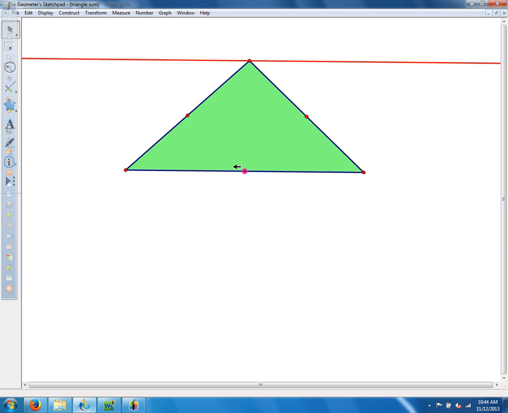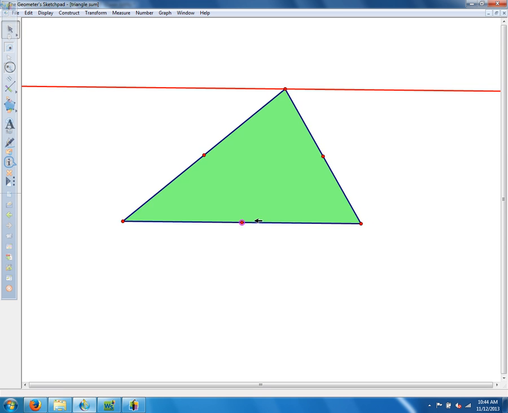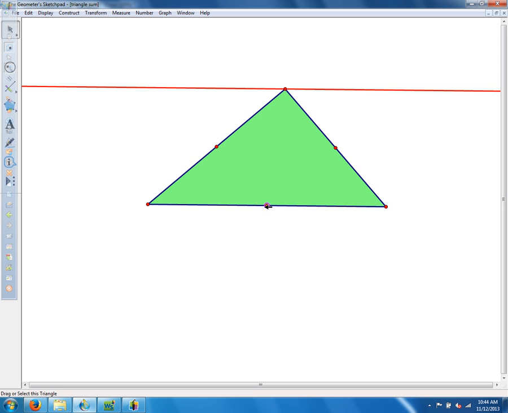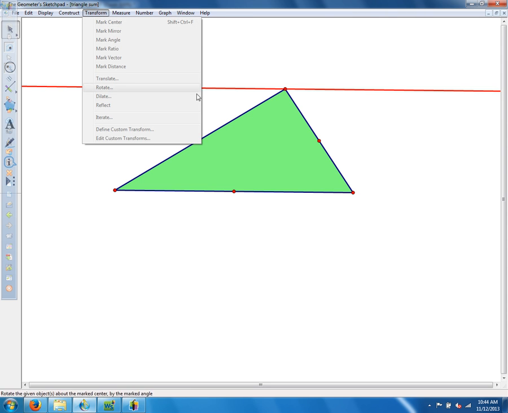So no matter what I do to the triangle, no matter how I move it around, this red line stays parallel to the bottom of the triangle. And we're interested in what all of these angles add up to in the triangle. So here's our point, here's our line, here's our exactly one line that's parallel to this line.